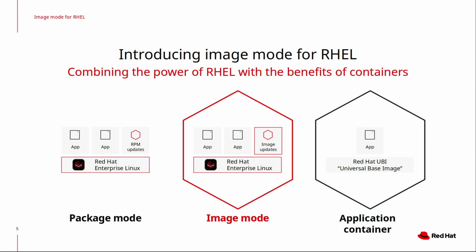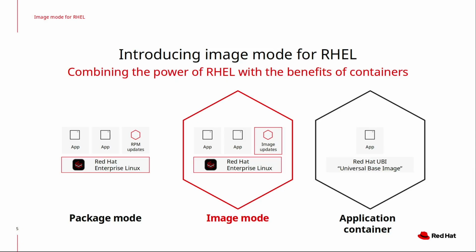If you are building application containers, maybe you have used what's called the Red Hat UBI, or the Universal Base Image. When you build a container, it's always nice to have a base image to start and make that your foundation, and then you lay your application on top of it.